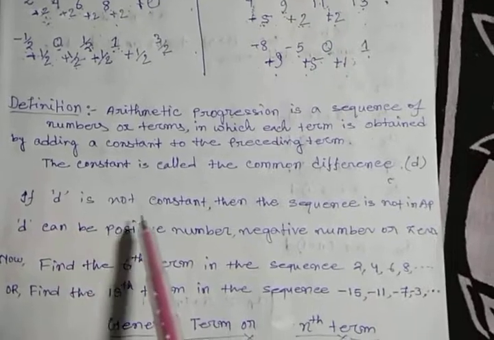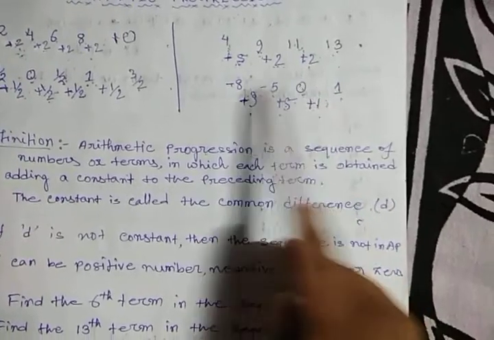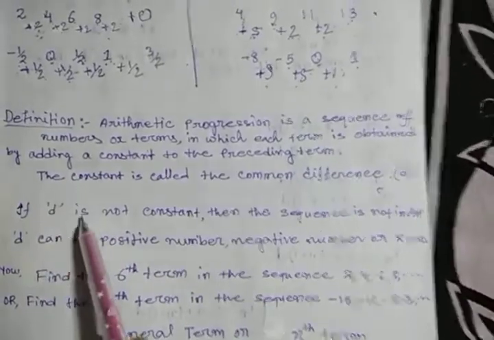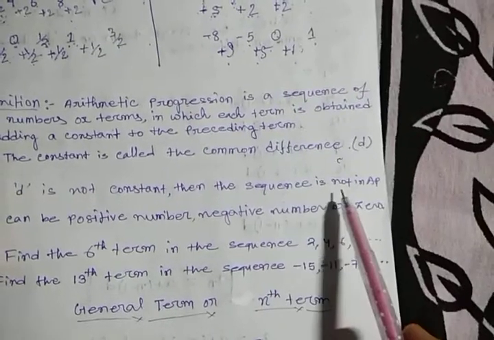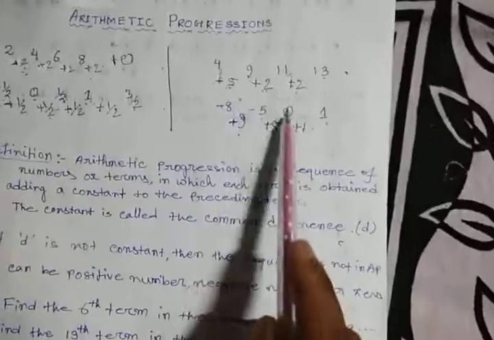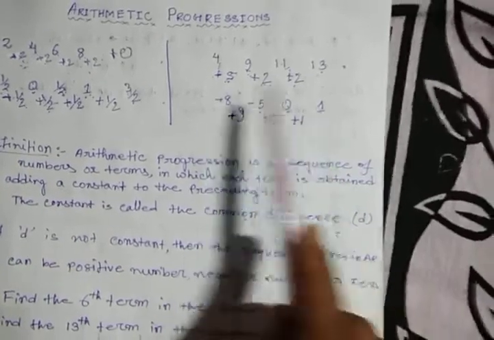Now, if d is not constant, that is for the second case, where the common differences are not the same, then the sequence is not in AP. So for the second case, 5, 2, 2 or 3, 5, 1, they're not the same.